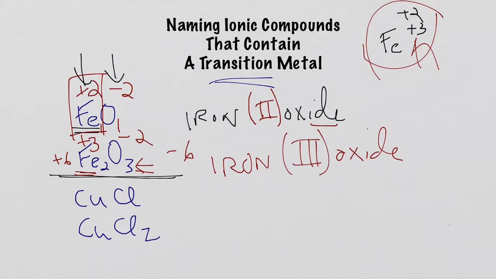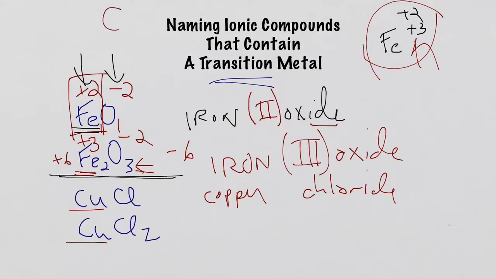Okay, let's do another example here. CuCl and then CuCl2. Cu is copper, and Cl is the element chlorine, but we change the ending to IDE, so it's a copper chloride. But once again, I need to know what the oxidation or the charge would be for the copper.